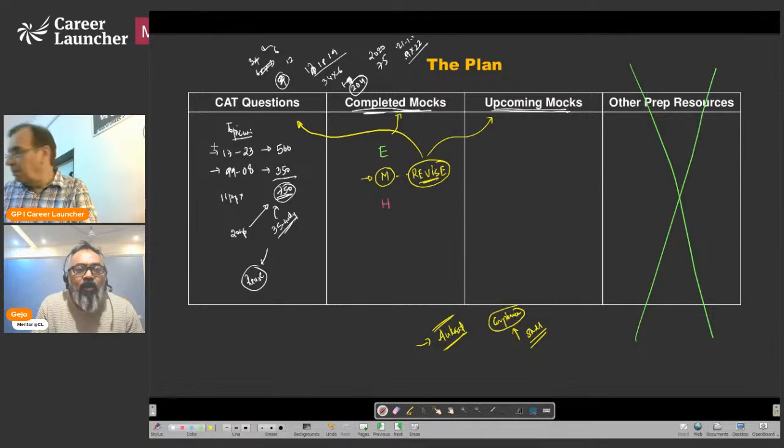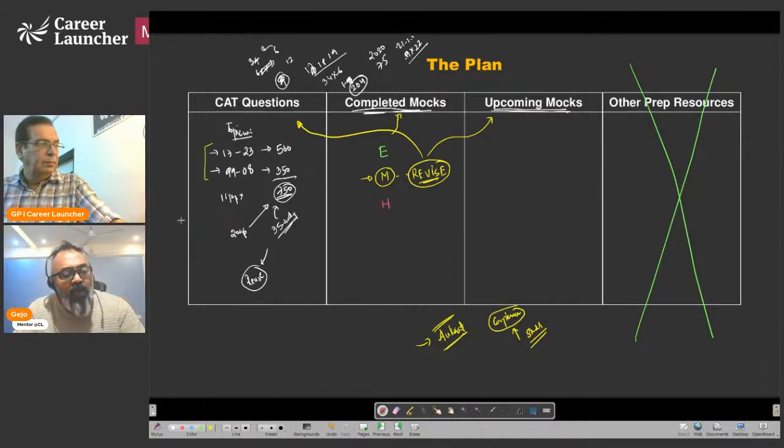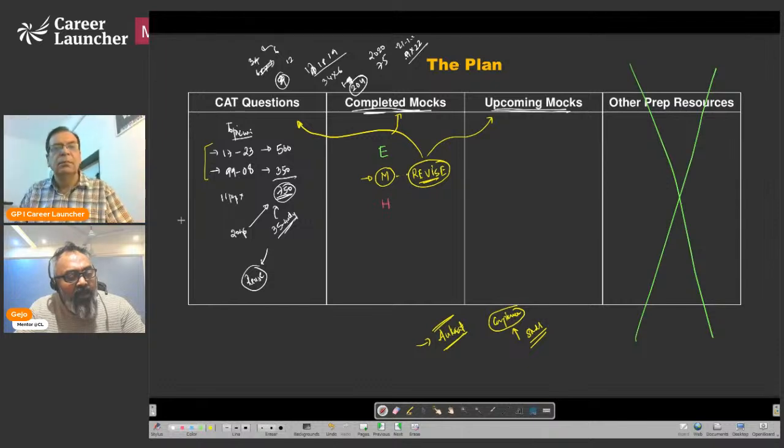What you have to do in the QA is have a very simple, systematic, sensible approach of doing it, and focusing on the CAT questions.